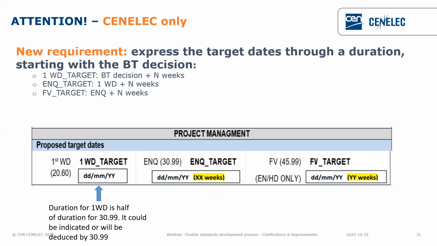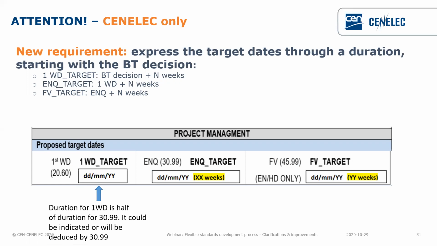So this is something that will be very useful for us, and which will also demonstrate that you are not responsible for those administrative steps which have to be undertaken in that respect. So of course, you can still express the duration with specific dates, but what is mandatory, what is required now, is to express it through a duration, as it is expressed here on the screen.